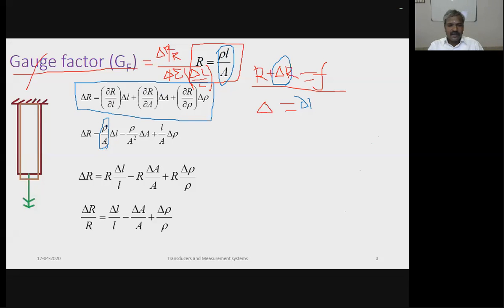Similarly, differentiate this function with respect to A, keeping rho and L constant.